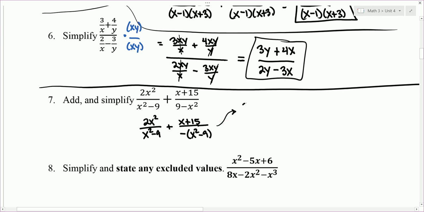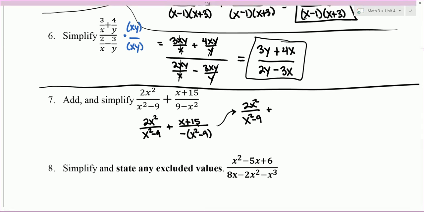So we have 2x squared over x squared minus 9. Leave that one alone. And then I'm going to multiply the top and bottom of the second fraction by negative 1.